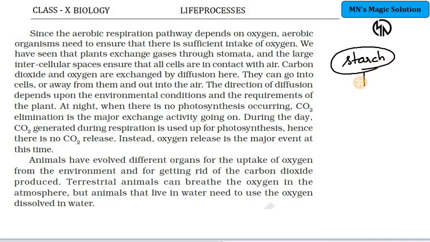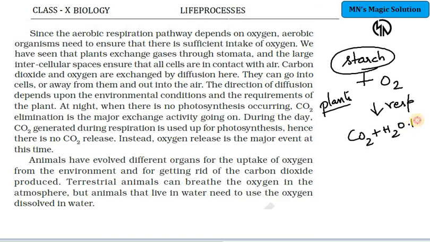This starch plus oxygen combine, and in plants too the process of respiration happens, and its byproducts are carbon dioxide, water and energy. So not alone in humans and animals, the same process of respiration happens in plants as well.